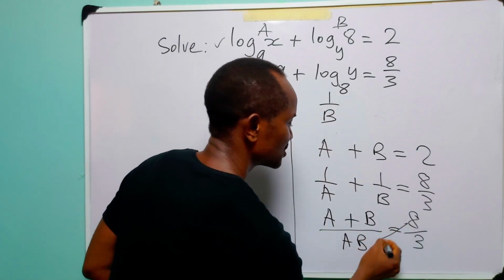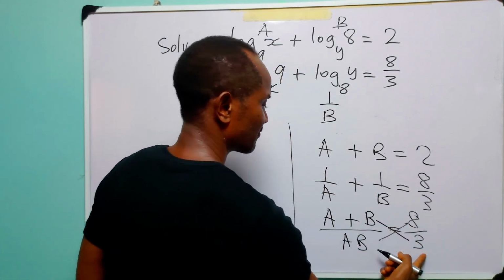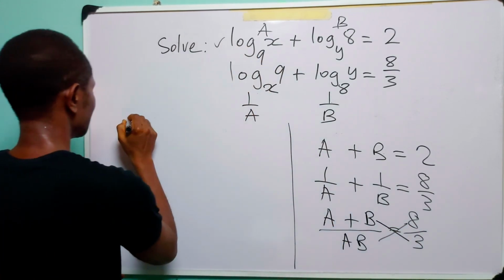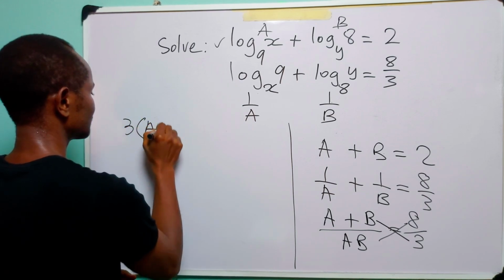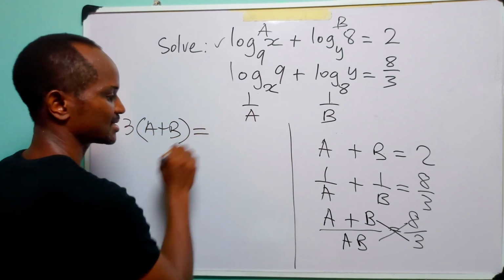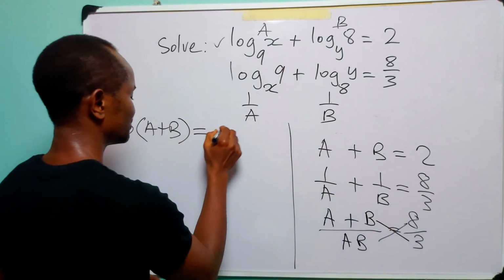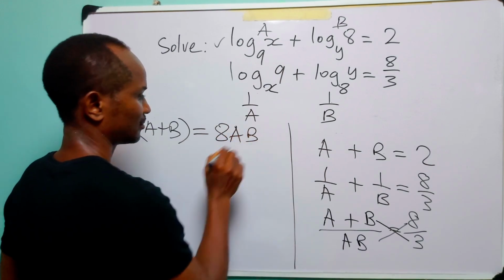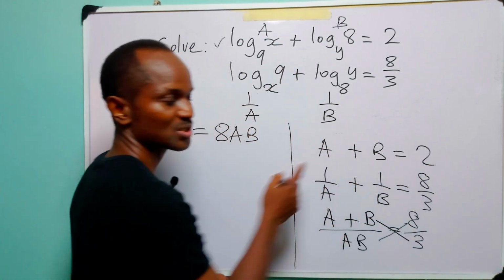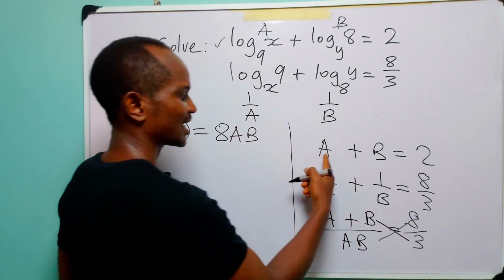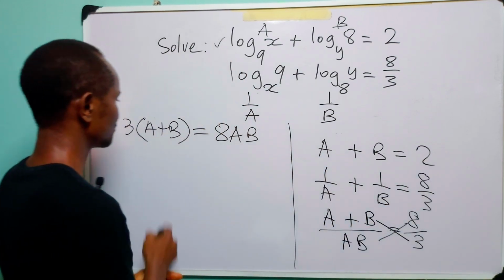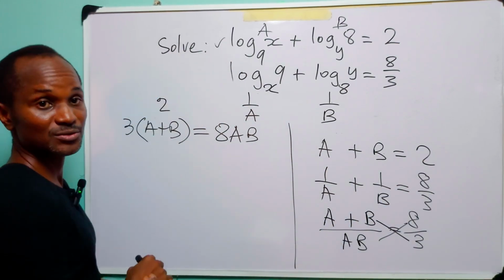Now the next thing we do is to cross multiply. So we have that 3 times a plus b is equal to 8 times ab. But let us come to the first equation. We have that a plus b is equal to 2. So this is equal to 2.